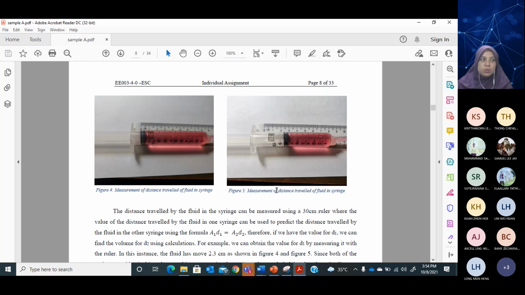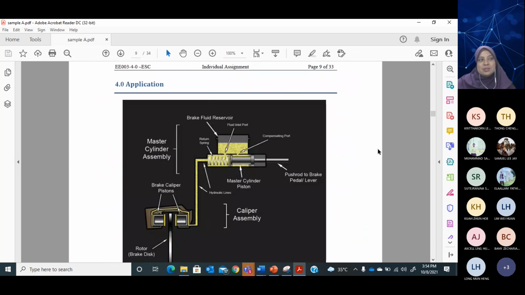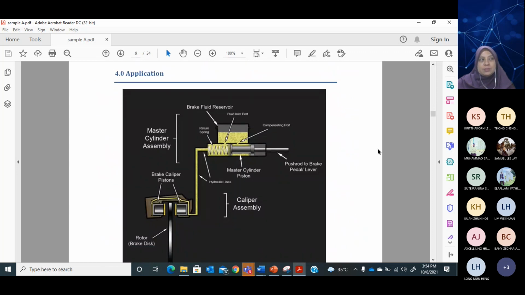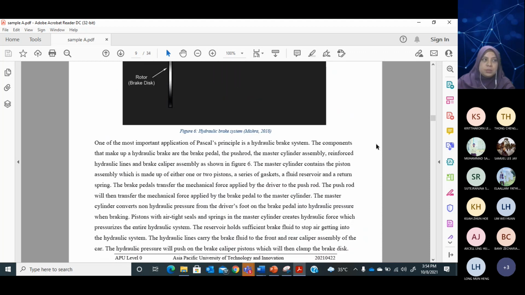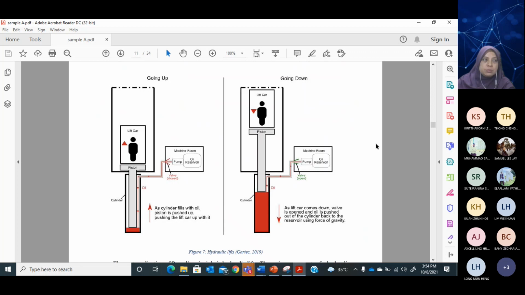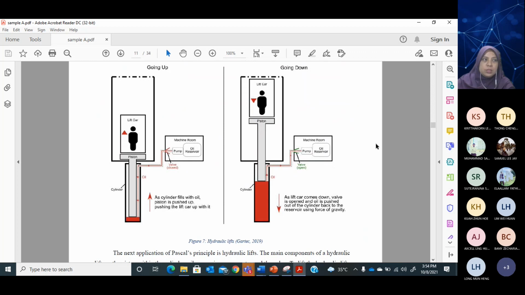I don't know why he needs to put two figures. Okay, application. Hydraulic brake system. Where it is applied: in the brake system. Hydraulic lift.